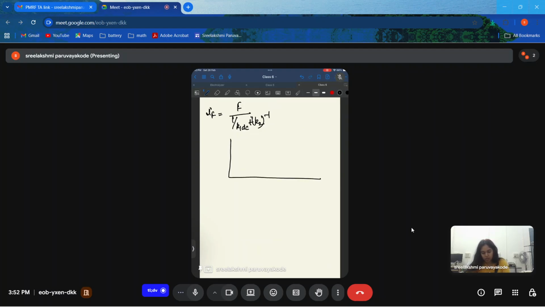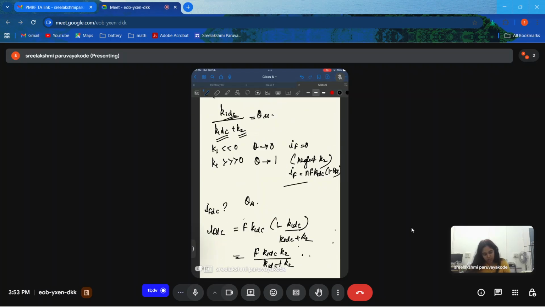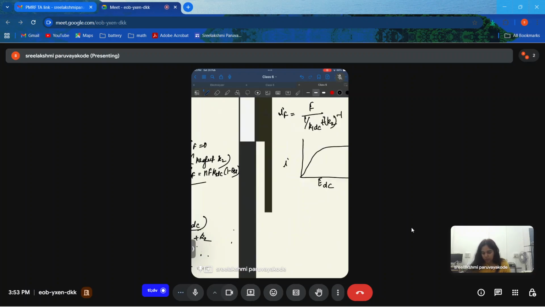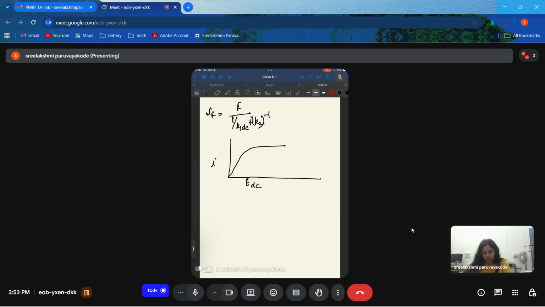If you plot this, it becomes something of this form. At small overpotential, and at high overpotential K1 DC becomes more than K2, you get IF equal to K2 times F, right? This is how it will be.